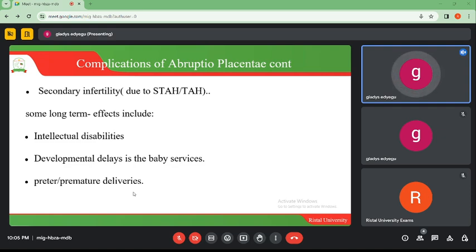For HIE1, the damage to the brain is minimal, and HIE2 it can be moderate. Then HIE3, the damage to the brain can be very severe, and they end up with cerebral palsy, where the baby cannot sit, the baby cannot stand, they take long to start walking, or they may fail to sit for the rest of their lives.